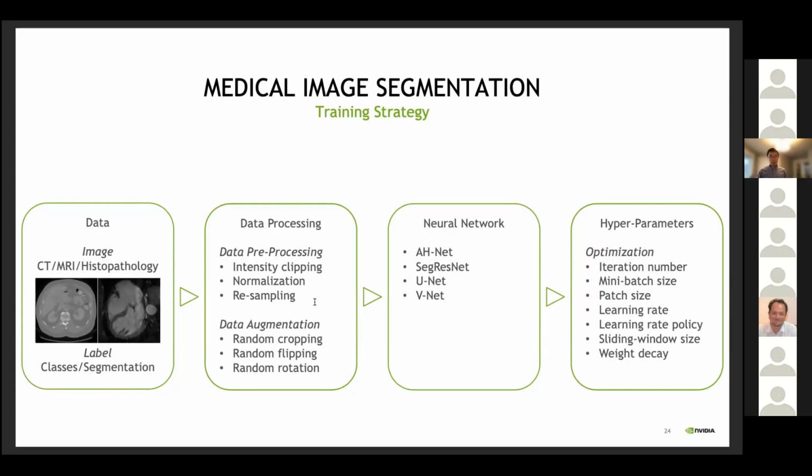Normally we do data pre-processing and data augmentation for training. Then we select the model we like, the U-Net, the V-Net, and others. Then based on the pre-processing and the model, we choose our hyperparameters for gradient descent, like what the learning rate will be, what the optimizer will be, and the weight decay, etc.